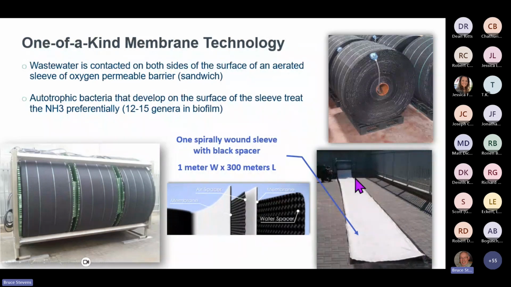Now, these membranes are 1 meter high or wide by 300 meters long, so 900 feet approximately. And when we wind them up, they become about 2 meters in diameter, completely wound up with the spacer that we add to allow the water to go between the layers and get to the membrane where the air comes out and the biofilm grows.